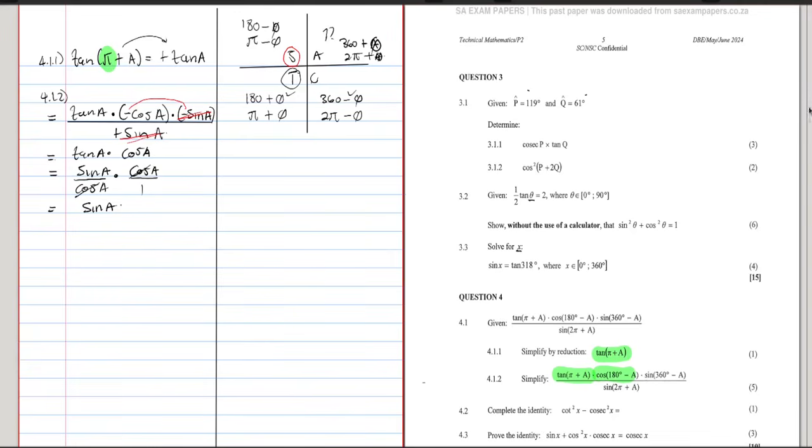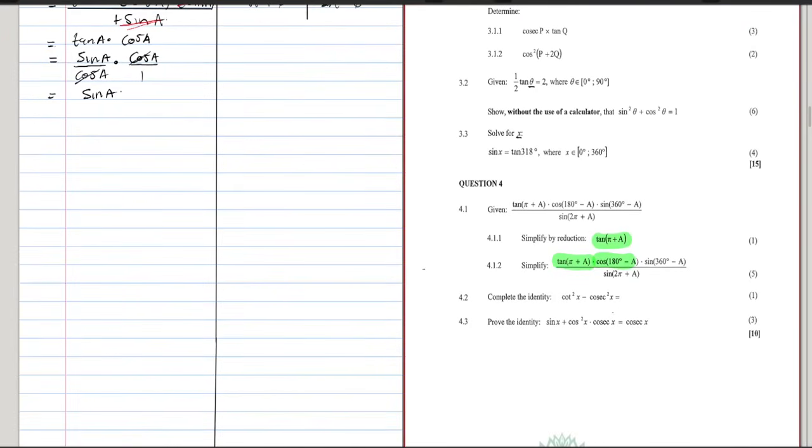Surprisingly, this is a short question. Okay, so cos squared x minus cosec squared x, complete the identity. So for 4.2 this should equal negative 1. 4.3, easy mark guys, easy mark.